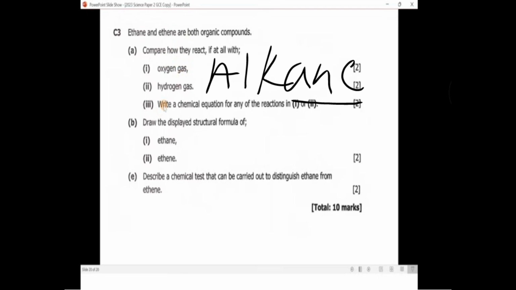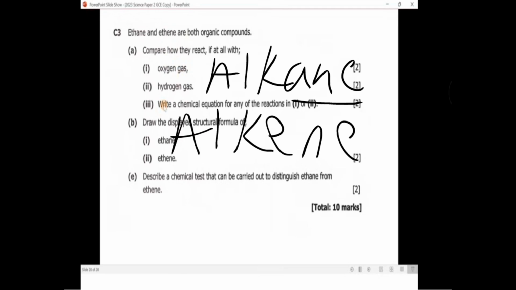Then ethene comes from the homologous group of the alkenes, because of the suffix ene.